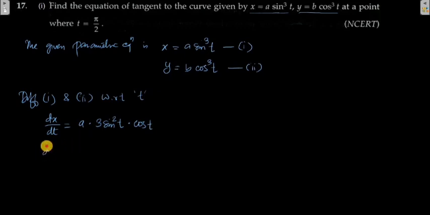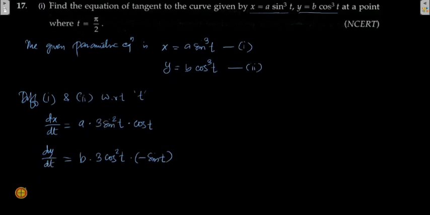Now let's find dy by dt at the same time. Again in the same way we have b. Now for the power it's going to be 3 cos squared t into, now for cos t your derivative becomes minus sin t. Now remember you need to find dy by dx, isn't it?